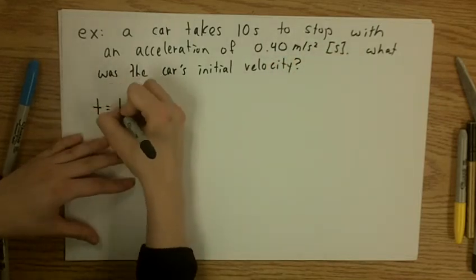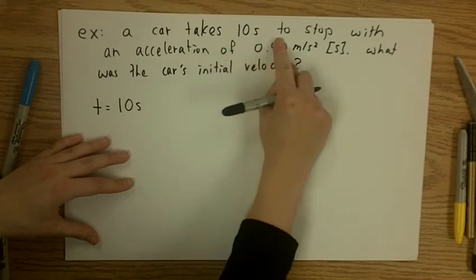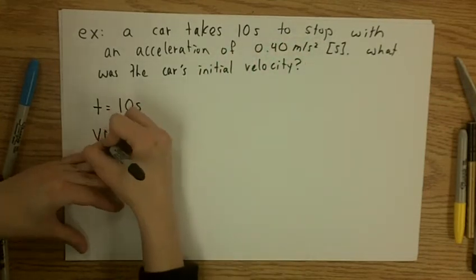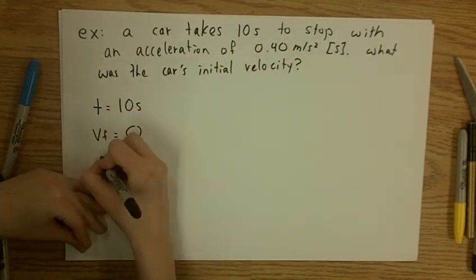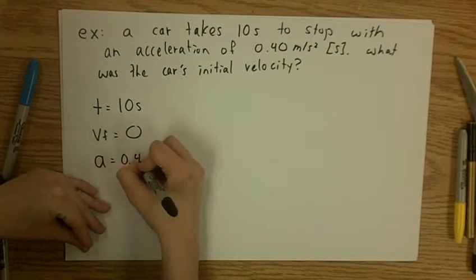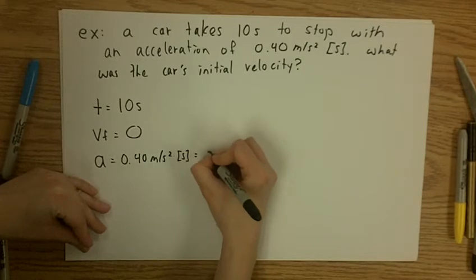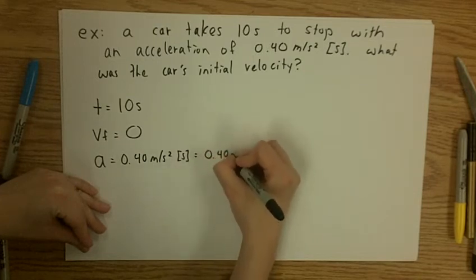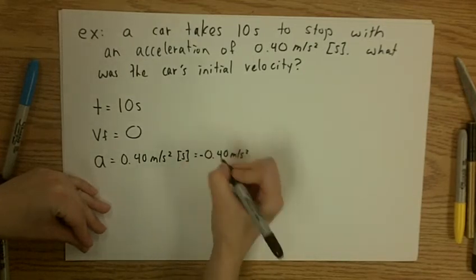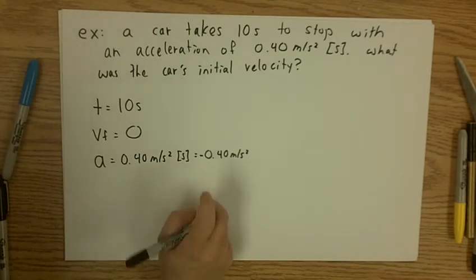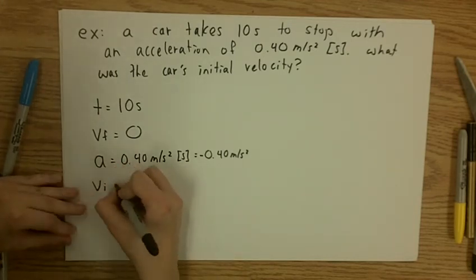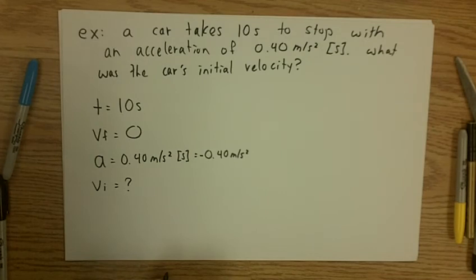Well, we have t equals 10 seconds. It's coming to a stop, so vf equals 0. a equals 0.40 meters per second squared south. This is like 0.40 meters per second squared negative for the south. vi equals question mark.